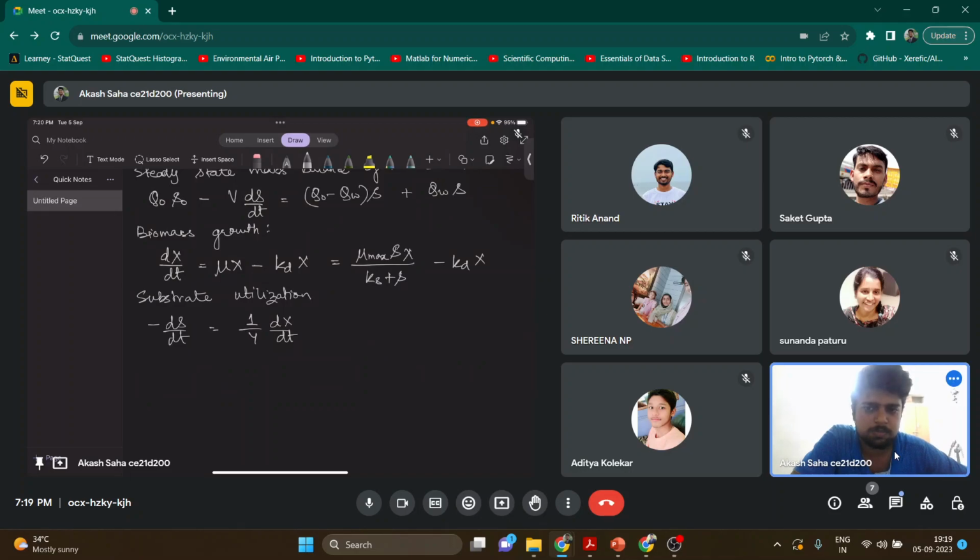So Y is my yield coefficient, that is the amount of biomass produced per gram of substrate. So I have written in terms of Y. So it will be equal to again 1 by Y dX by dt, as we have seen previously, which will be mu max S by Ks plus S into X.